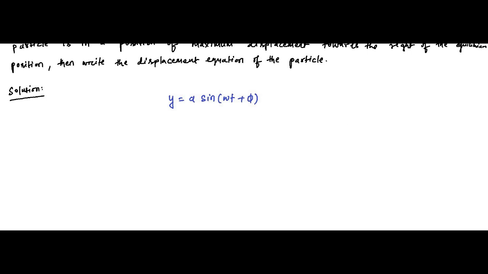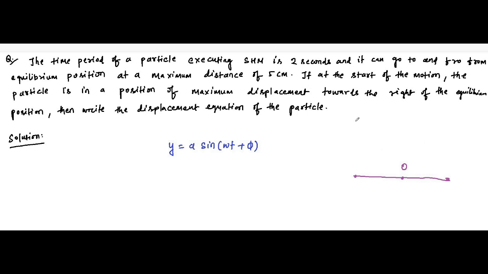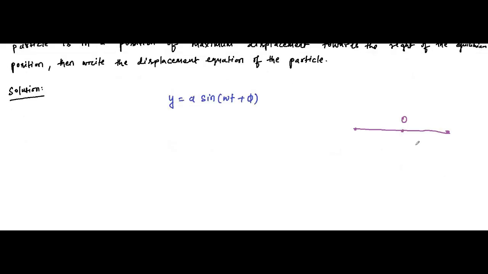Now it is given in this question that for the SHM, from the mean position or the equilibrium position, let it be here, on either side the maximum displacement is how much? 5 centimeters.